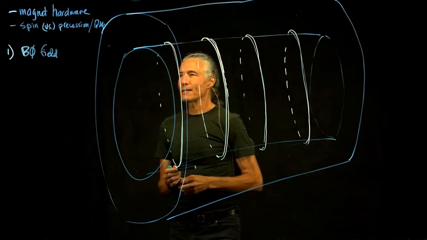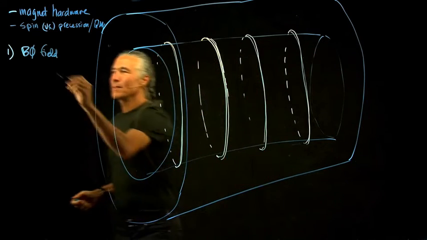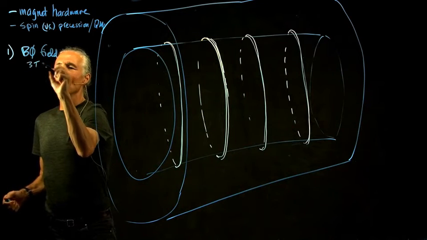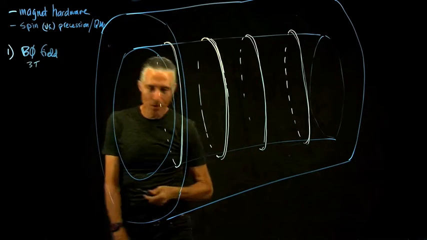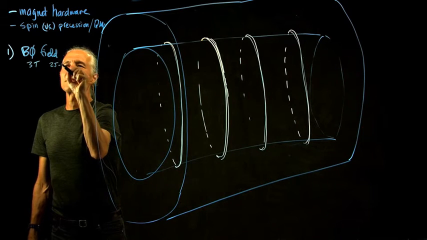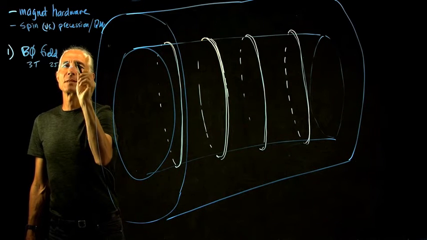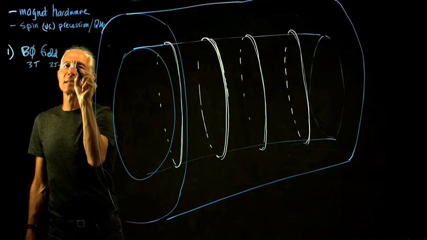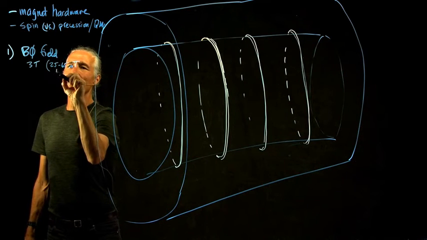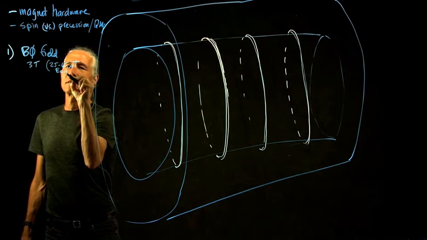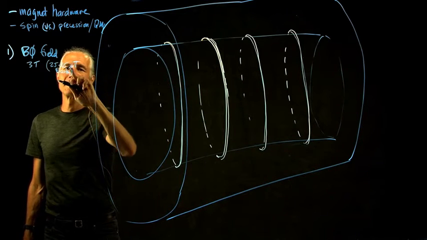What is that, for instance, 3 Tesla? What is the magnetic field of the Earth? It's like 25 to, depending on where you are, 60 micro Tesla, so 60 millionths of a Tesla. That's the Earth. So it's a lot more than the Earth.